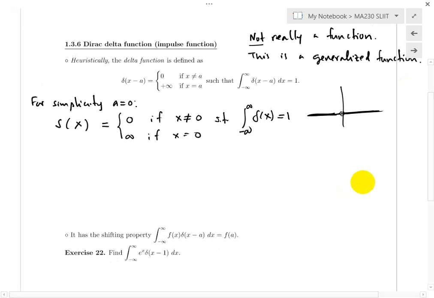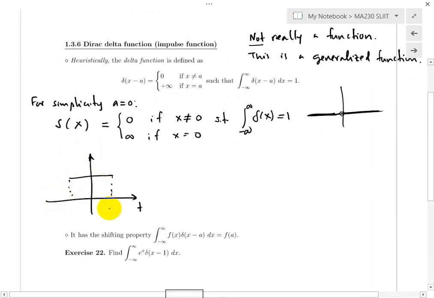So let's say we have this kind of graph, t is here and y is here. Let's say this length is L, this length is minus L, and I need the area under this curve to be 1. Right? Somehow if I integrate from minus infinity to infinity, I need the area to be 1. So what should be the height here?